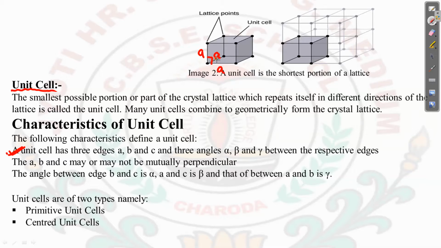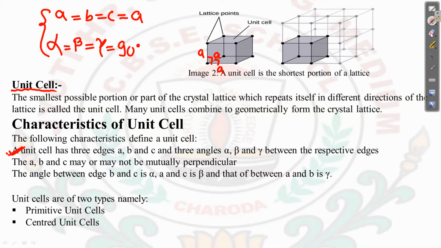So therefore alpha is equal to beta is equal to gamma is equal to 90 degrees here, because it is a cube. And also A is equal to B is equal to C is equal to A here. For a cubical unit cell I am talking about; different unit cells will be having different parameters. Edge length can be different and the angle between the edges can also be different. These things are used to define our unit cell, to represent our unit cell.